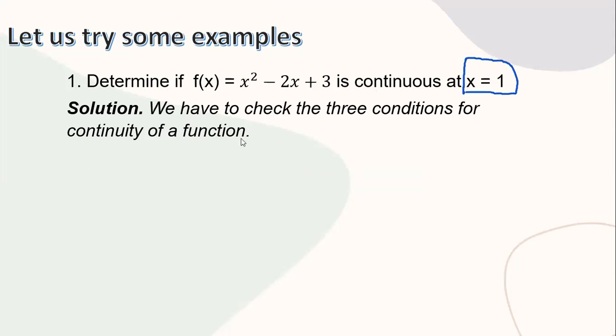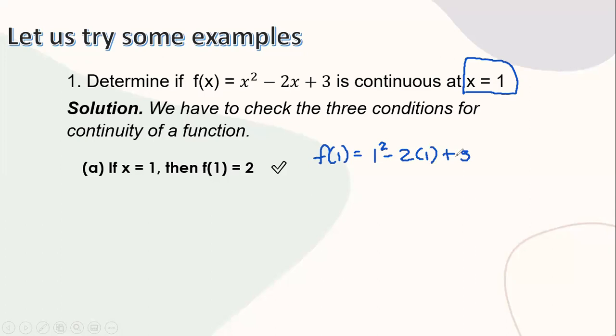For the first condition, we'll simply substitute 1 to the x. So f of 1 is equal to 1 squared minus 2 times 1 plus 3. That's why we get a value of 2. So may nakuha tayong value which is 2. Thus, f of c exists. So nasatisfy yung first condition.